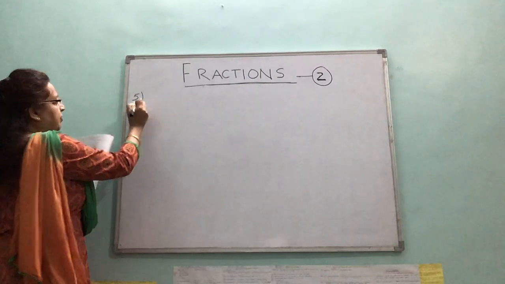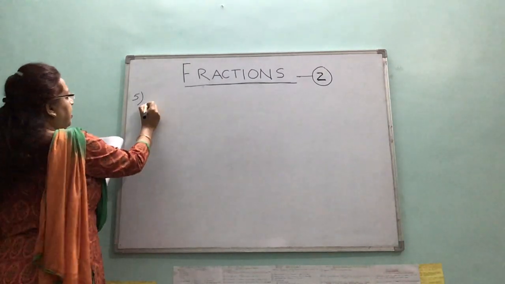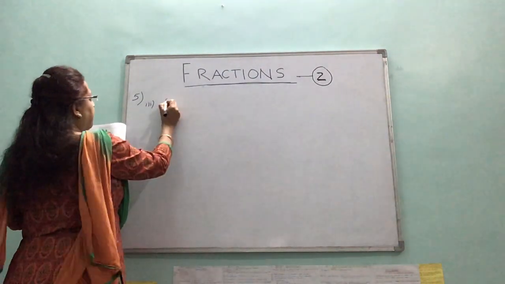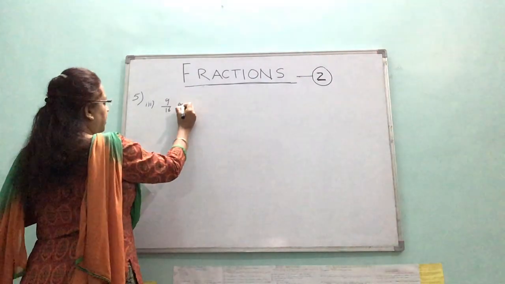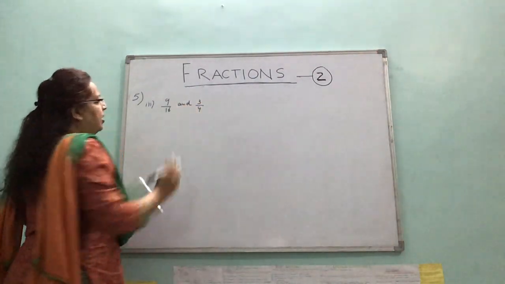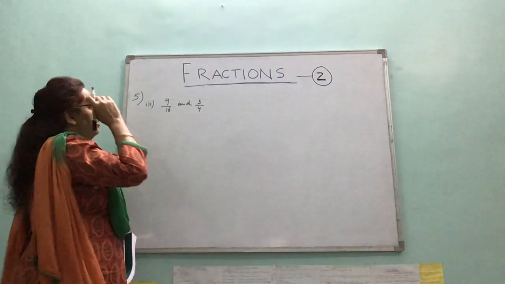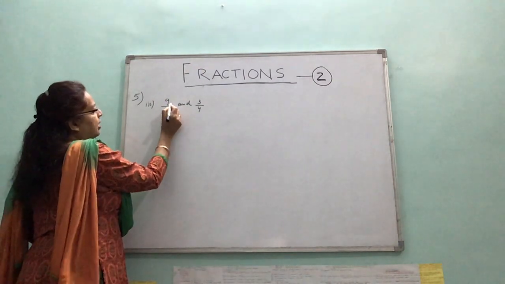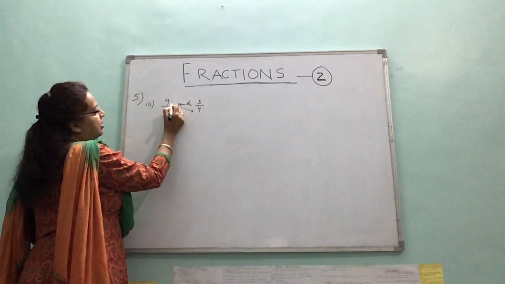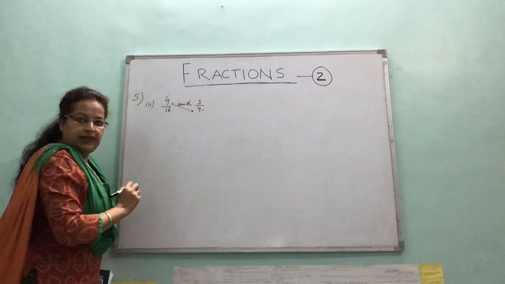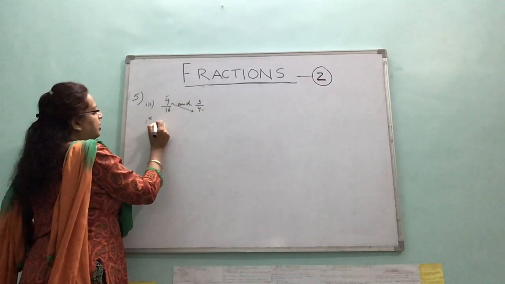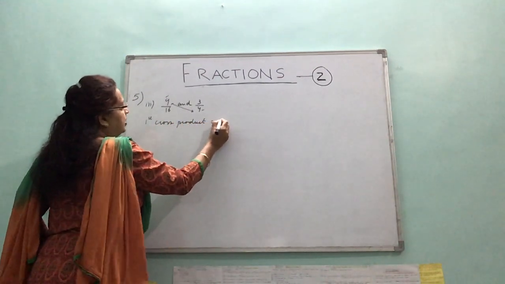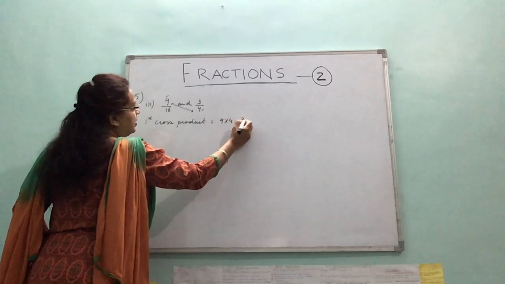It's question number 5. And I am taking up two parts. The third subpart, which is 9 by 16 and 3 by 4. Alright, very easy to find out. We'll find out the cross product. If you multiply the numerator of the first fraction and the denominator of the second fraction, that is the first cross product. Well, it is 9 into 4, 36.